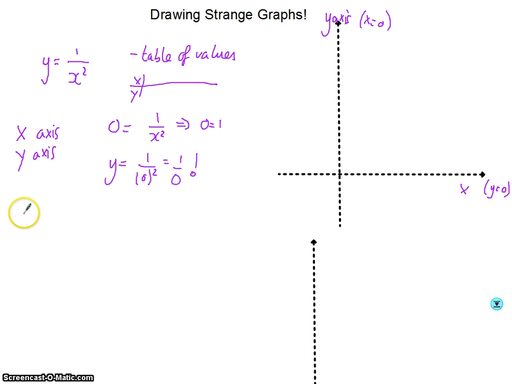So let's have a look at one of our new tools, if you like. What happens when x gets really big? The first thing we'll look at is x gets very big.